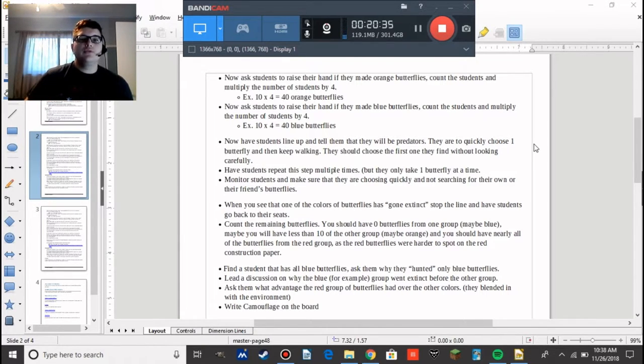Or if they didn't like the color, they'd grab multiple different ones at once. Not because they were intentionally trying to break the rules, but simply because they didn't understand the assignment or they just really liked the butterflies. So that may cause an issue there.